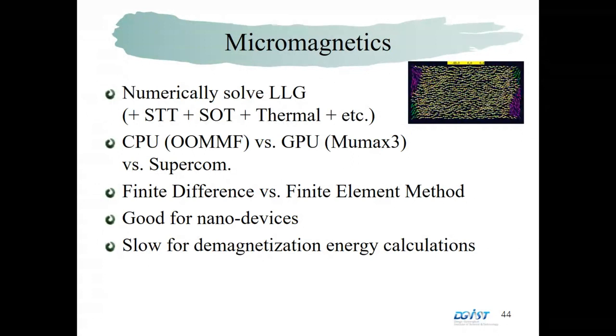They are pointing in slightly different directions, and when the switching occurs, they form multi-domains. So this micromagnetic simulation plays a very important role in spintronics research, and that implies we can solve the magnetization equation, called the LLG equation, which we are going to learn next class.